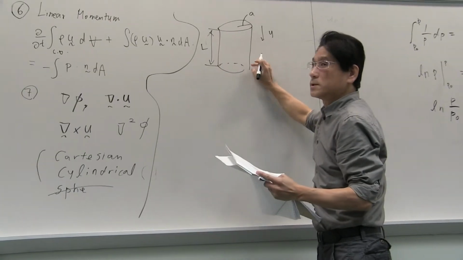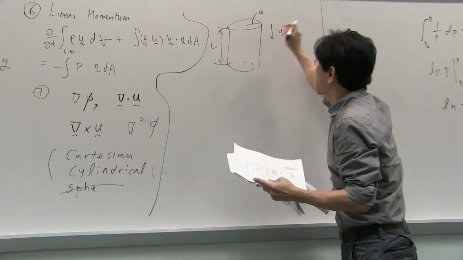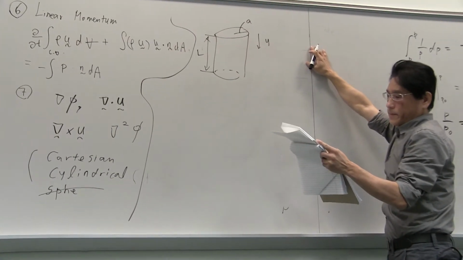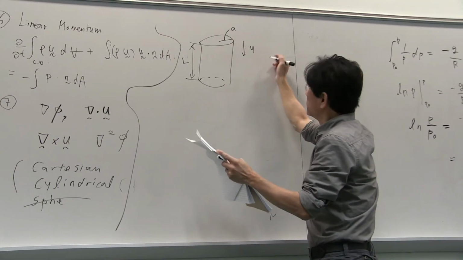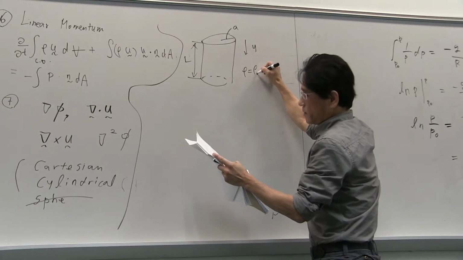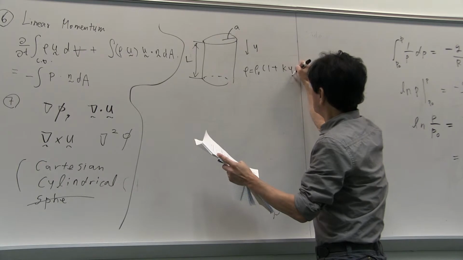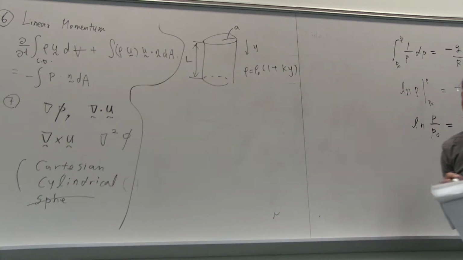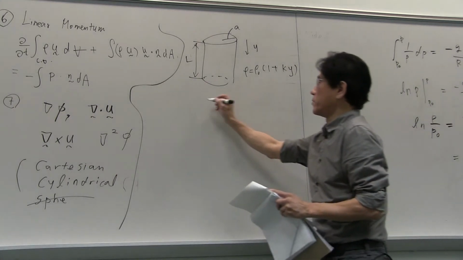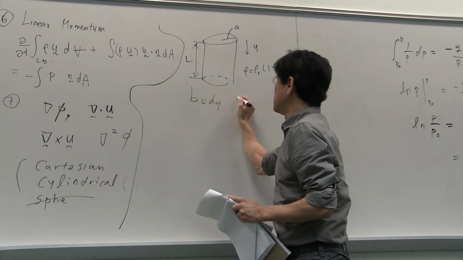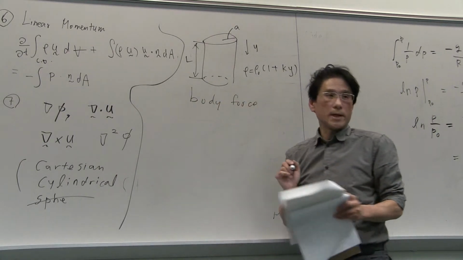Sorry for my drawing. This is the cylinder. Now you have density as a function of y. What you have to find is the body force. So what is the body force?